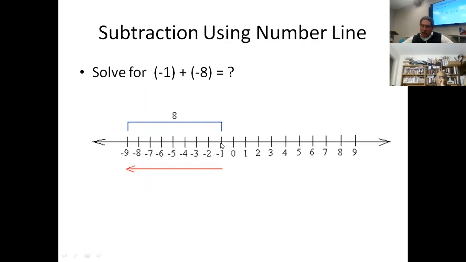But to visualize it, if you're here, -8 means you go that way. So 1, 2, 3, 4, 5, 6, 7, 8. We come to point -9. All right? Are you doing okay, Brian? Yes. All right.